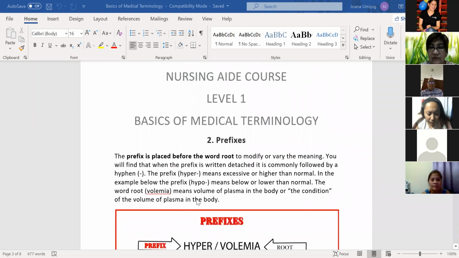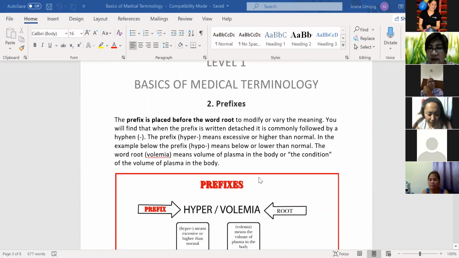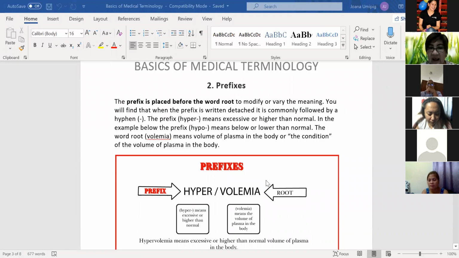Secondly is prefixes. We talk about prefixes as placed before the word root. So to modify or vary the meaning. So you will find that when the prefix is written detached, it is commonly followed by a hyphen.